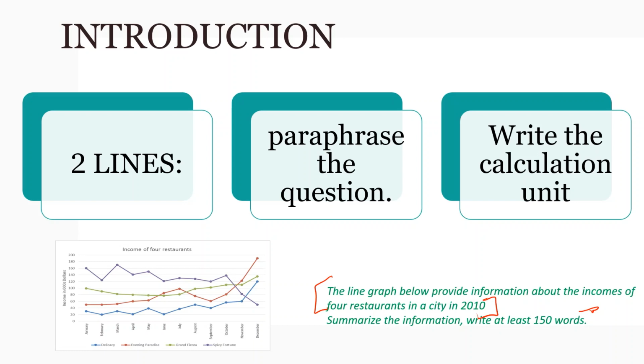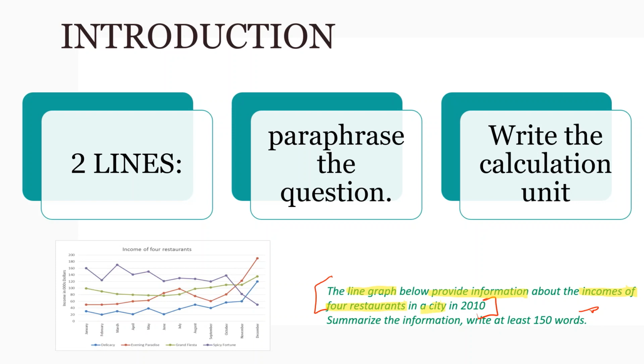First, just get an idea of what synonyms I can use. What are the words that can use synonyms? In the question, we can get a synonym for line graph, for provide information, and for income of 4 restaurants in a city.